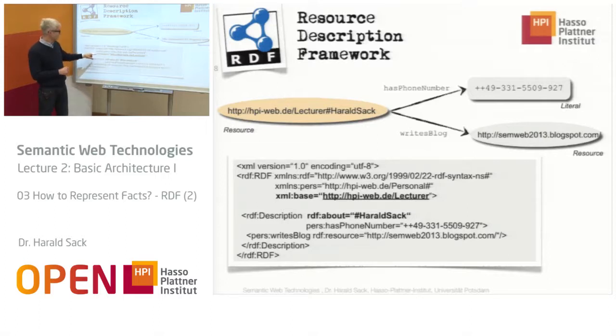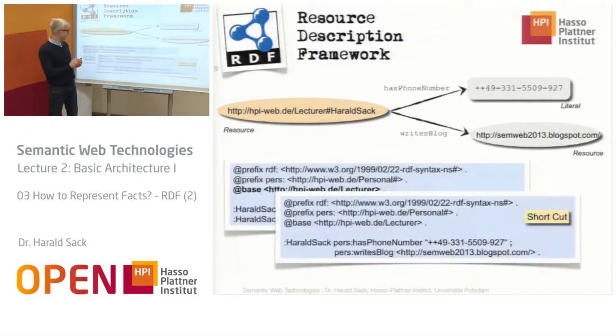So with xml:base, I define here the URI hpi-web.de lecturer as the prefix that will be put in front of, or extends, the fragment identifier you see here, which is denoted as hash Harald Sack. So here again, I have represented these two triples as before, only now in the about identifier I'm not using the whole URL, but the prefix base identifier, and this is a shortcut, and then of course I have to write less.